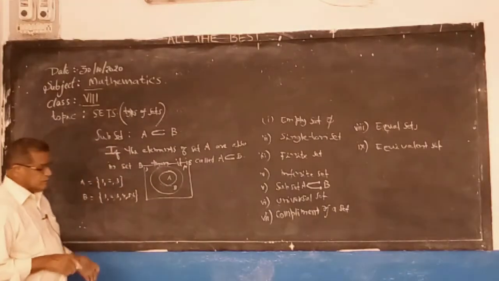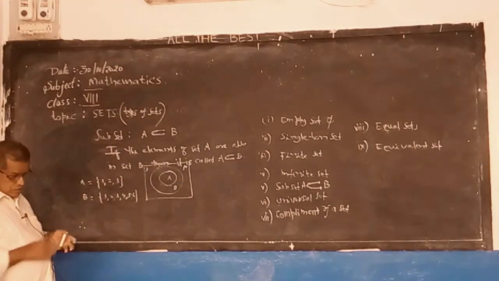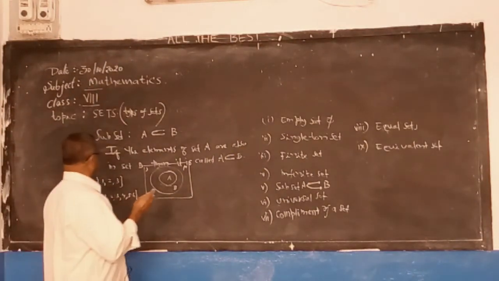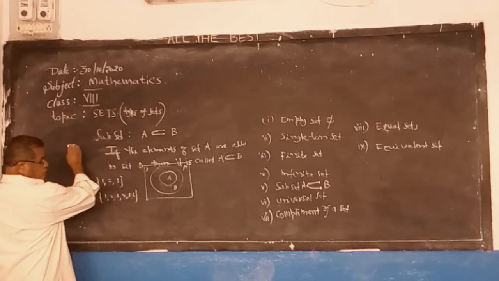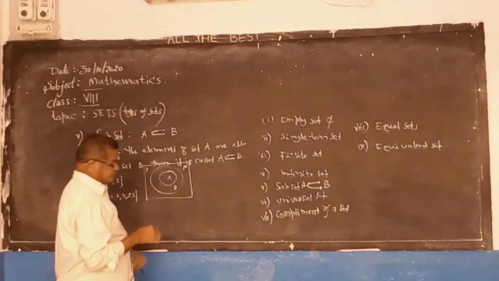Now I want to explain universal set. This is the fifth and the sixth, universal set.